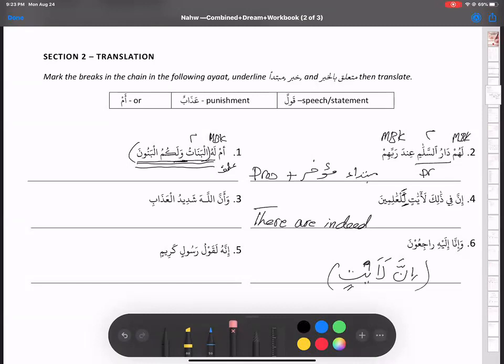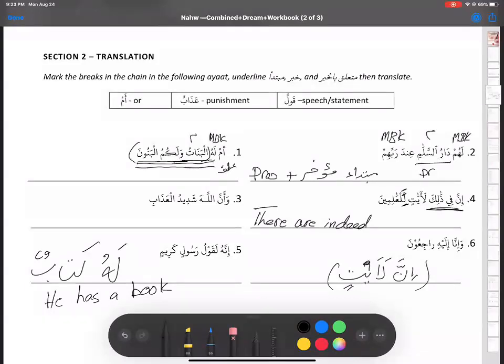When we are translating, for example, lahu kitabun, how are we translating it? He has a book, right? I mean, ayatin is common, right? So that's why we always include something like there are or it is. Not because of common, it's because of the construction.